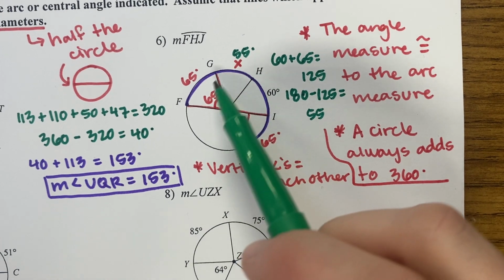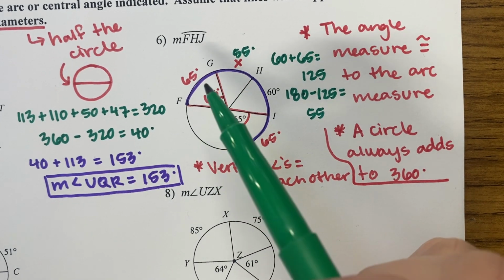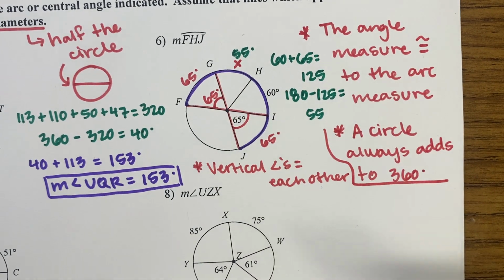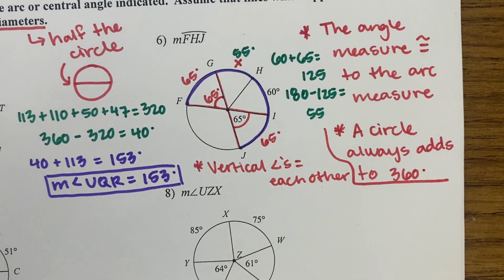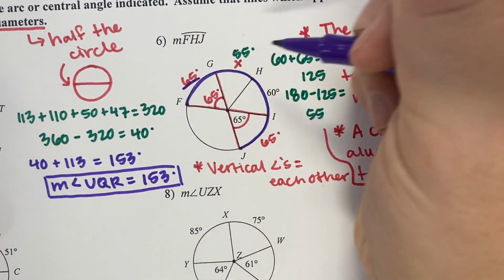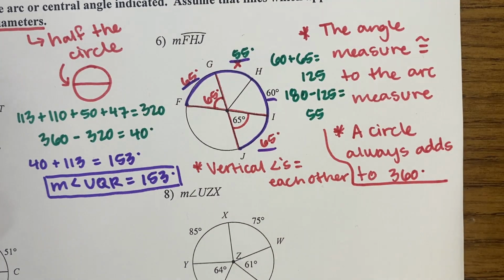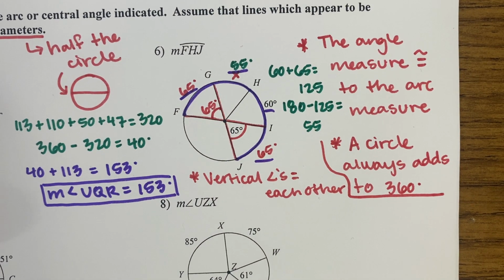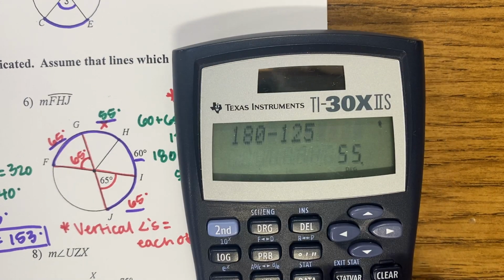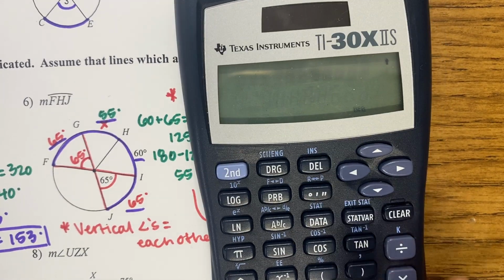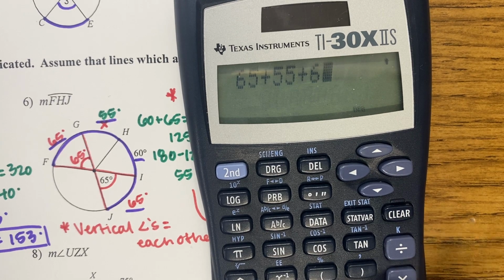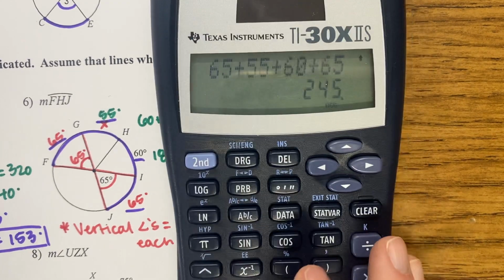Again, that's not the whole thing we were looking for. That just helps us. We're looking for the entire purple piece. Okay, so the entire purple piece is going to be 65 plus 55 plus 60 plus 65. Okay, so let's go ahead and just add that up. So we have 65 plus 55 plus 60 plus 65.